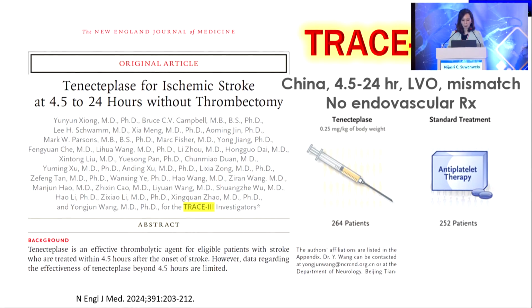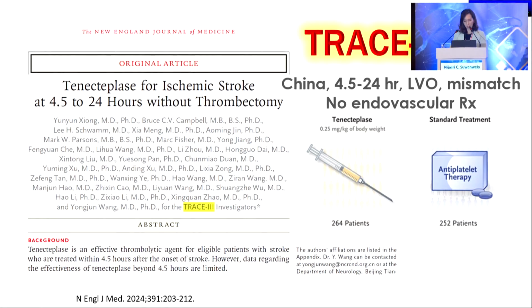But another study in China did the same thing, looking at patients with stroke 4.5 to 24 hours, and these patients have LVO and mismatch on imaging, but they don't have access to endovascular treatment.